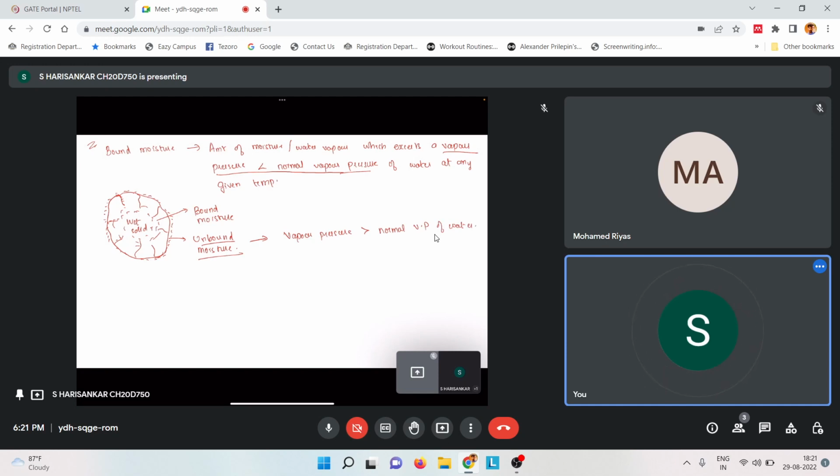Okay. So basically it is easier to remove this unbound moisture compared to the bound moisture, because this unbound moisture will exert a higher vapor pressure and it will get evaporated much more easily compared to bound moisture. Now the next term is equilibrium moisture.